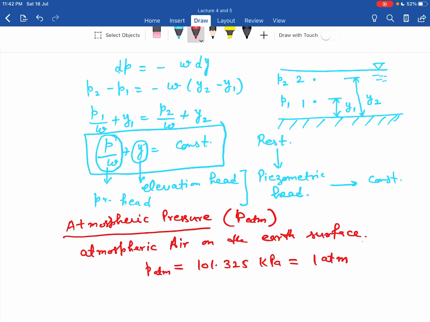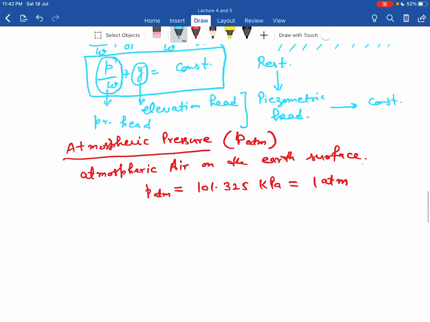Okay. Now another pressure we have is the gauge pressure. As you know, we have different instruments for measuring different types of pressures. The pressure which we measure with the help of any instrument, we call gauge pressure. In different instruments the atmospheric pressure reading is 0.